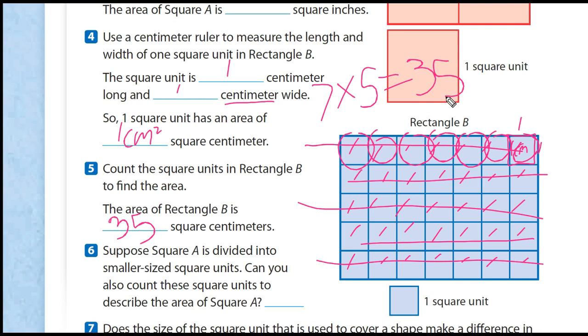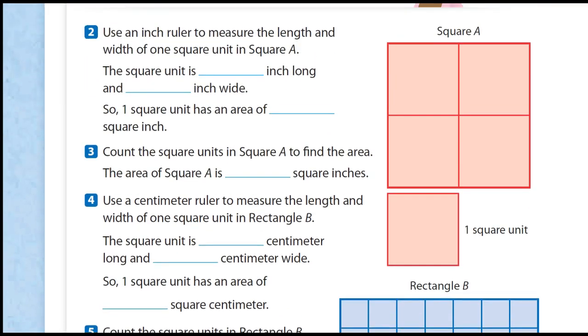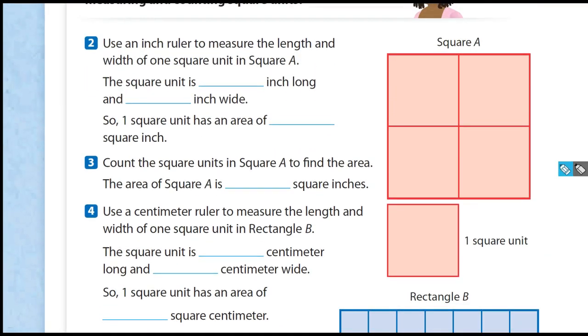Okay? Suppose square A is divided into smaller square units. Can you also count these square units to describe the area of square A? So I'm going to go back to square A. Look at this. Can I divide them like this?